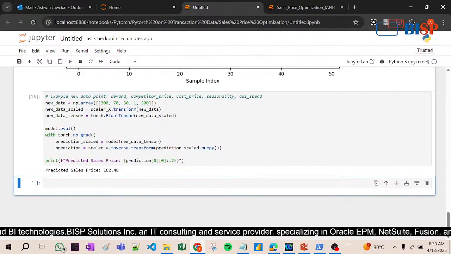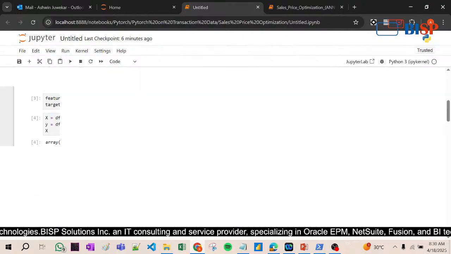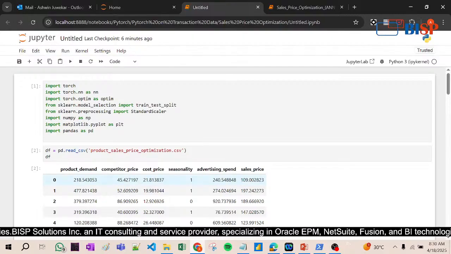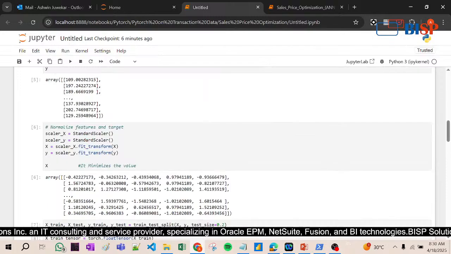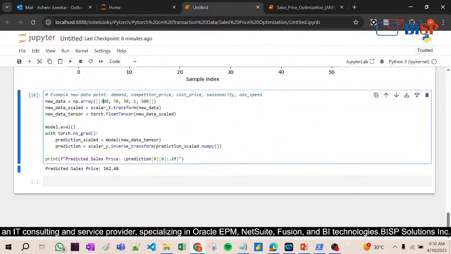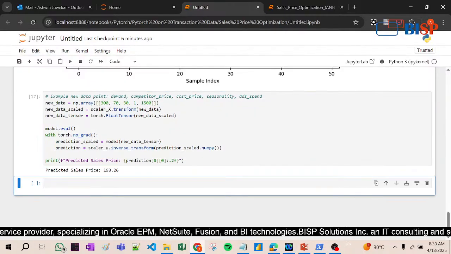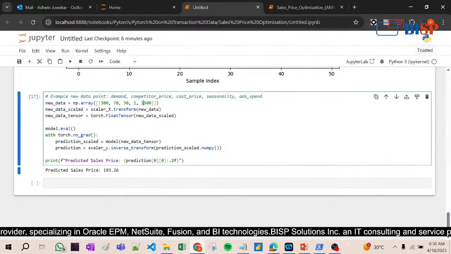So this is how it works. Let's see competitor price and cost price also. Suppose if I increase the advertising spend to 1500, automatically the price increases. Why? Because we have to recover our advertising cost also.